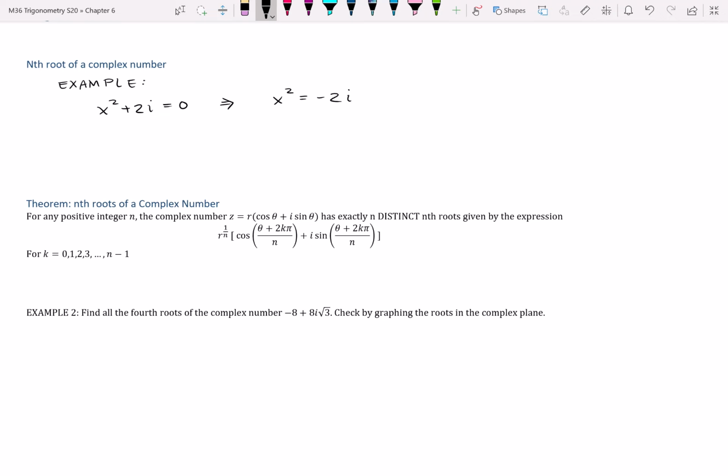I take the square root of both sides. So x is equal to plus or minus the square root of negative 2i. Well, how do I actually take the square root of negative 2i? Another way of writing this is x is equal to plus or minus negative 2i to the 1/2 power. That's another way of writing the square root of negative 2i. But again, with complex numbers, how do we do it?